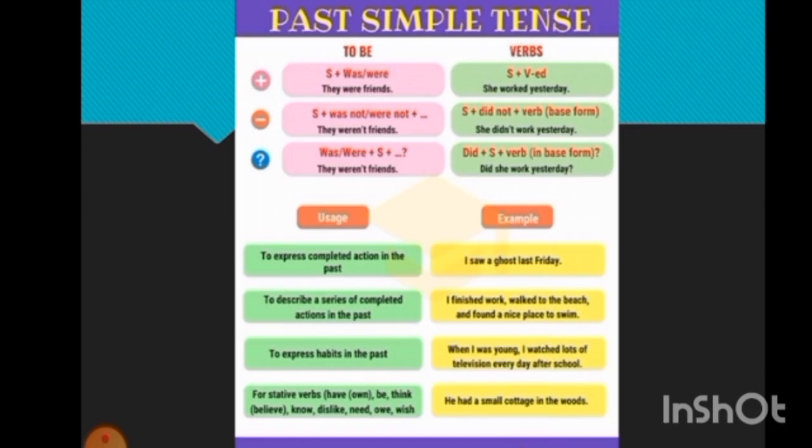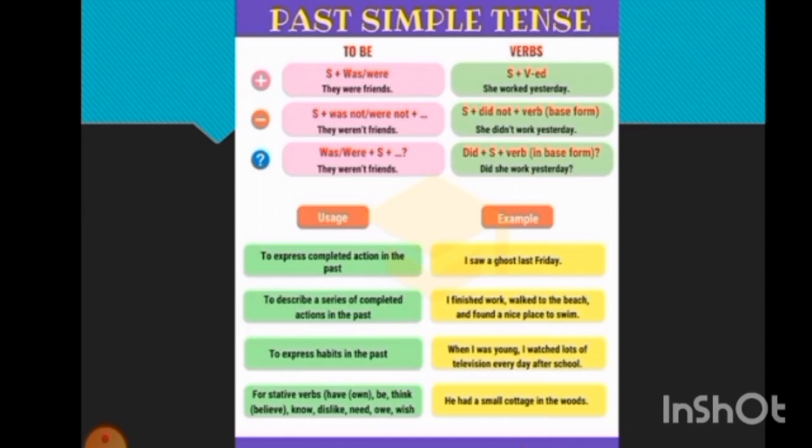So what we will do is add the subject plus the helping verb, was or were. Subject plus was not and were not, and then the rest of the things. And here we will add the verb and then ed.